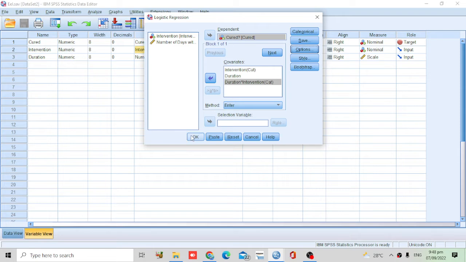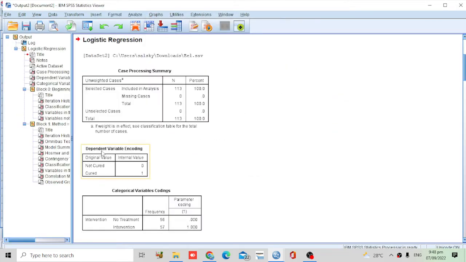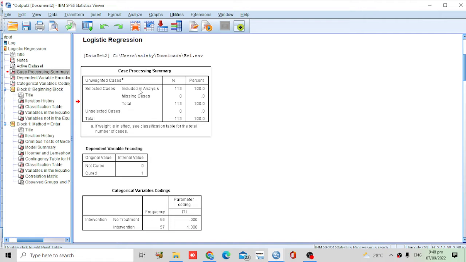Okay, click continue. As for our method, we just considered yung enter. Then here is our SPSS result, which is the logistic regression.